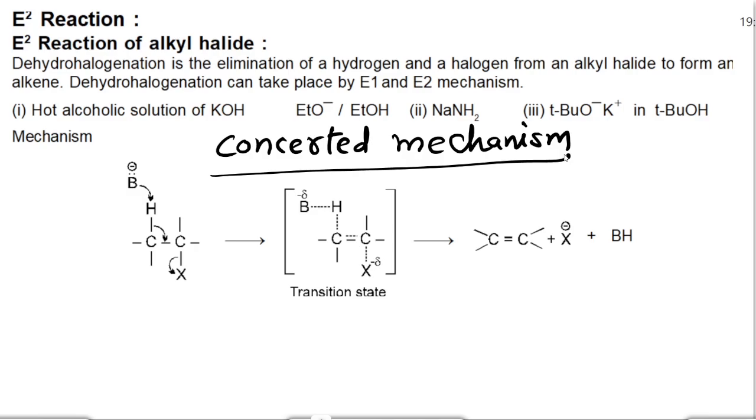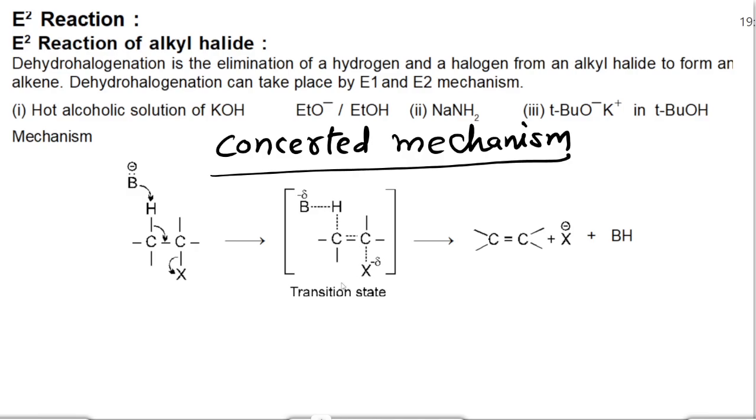So first is hot alcoholic solution of KOH, EtO negative meaning potassium ethoxide in ethanol, sodamide, or tertiary butoxide in tertiary butyl alcohol.